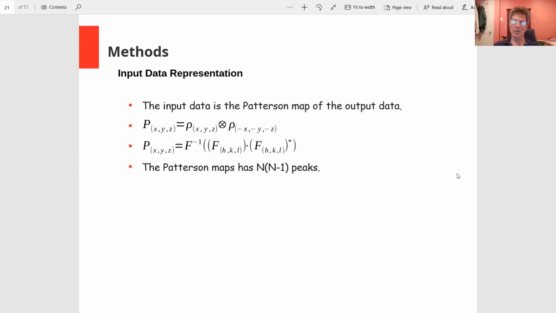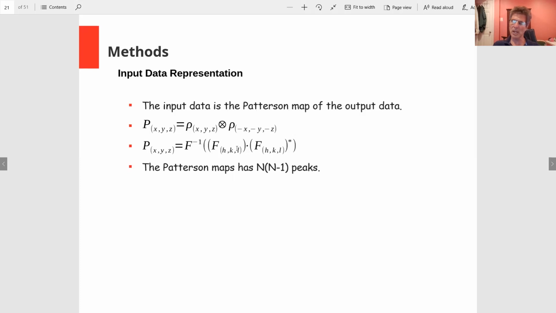You take the Fourier transform of the electron density, multiply it by the complex conjugate of the Fourier transform, and then take the inverse Fourier transform of the product. That's that second equation that I'm showing you here. So essentially what you're doing is squaring all of the Fourier terms and then taking the inverse Fourier transform, and that gives you the Patterson map.